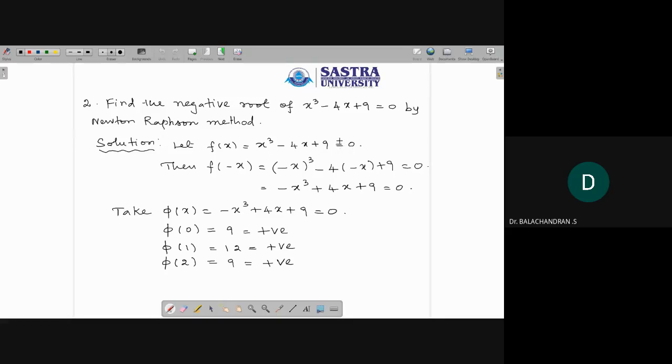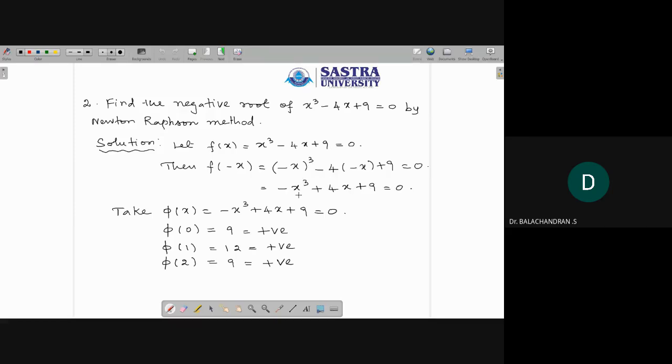So let's take f of x as the given polynomial, and then find f of minus x. F of minus x is equal to minus x whole cube. Instead of x, just replace by minus x. So minus x whole cube minus 4 into minus x plus 9 equal to 0. So you'll get minus x cube, and minus into minus, plus 4x plus 9 equal to 0.